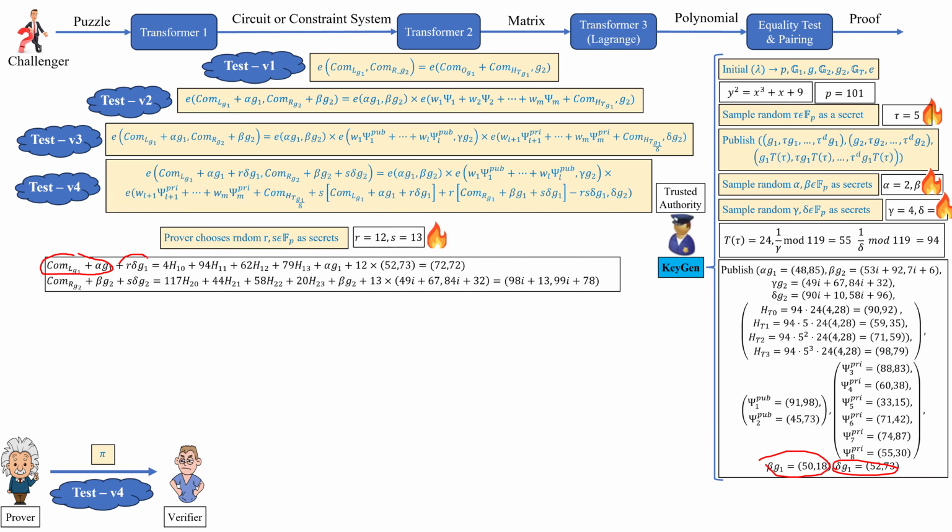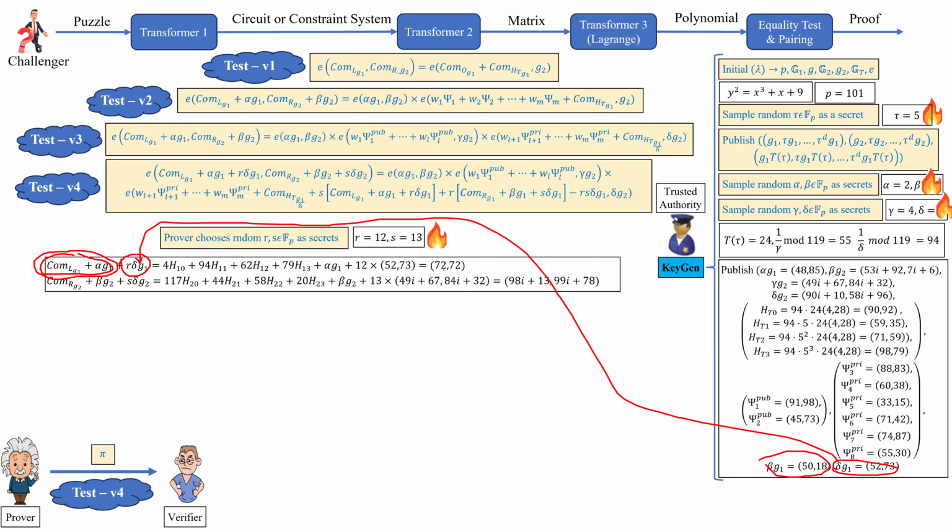The prover knows the value of R, and delta G1 is a public value, right? So first the prover multiplies R by delta G1, and the result would be an element in group G1. Then add the value of R delta G1 to the previous value computed in test version 3.